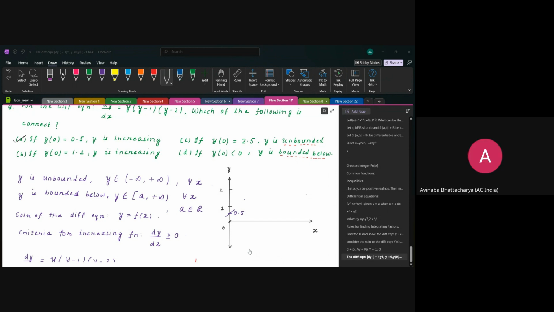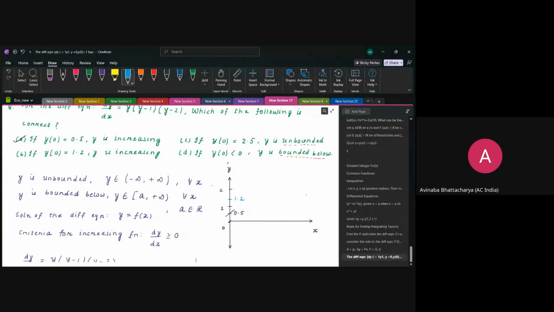Yes, sir. Yeah. So similarly, can anyone tell me whether option B is correct or not? So if y(0) is 1.2, so 1.2 will be over here, right? Somewhere in between 1 and 2. So if y(0) is 1.2, is y increasing?